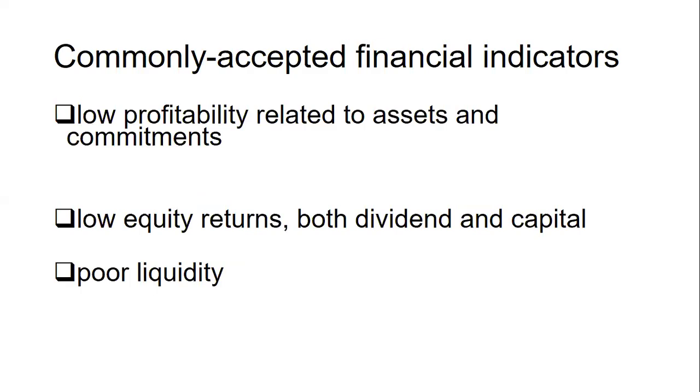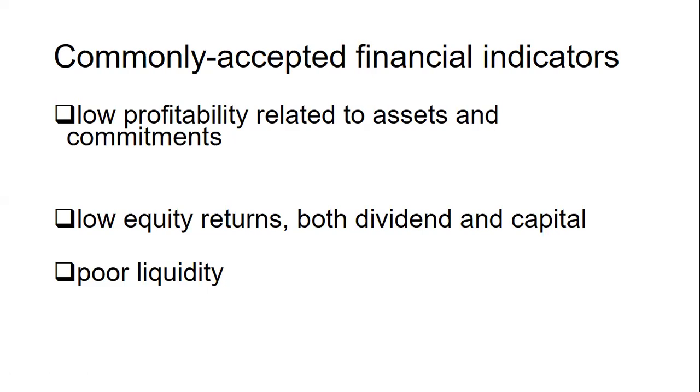So some of the ratios that you could use would be low profitability. So when you come to your profitability ratios, if you pick one of them, if it is low over time, then you would say that the business is likely to what? Fail.